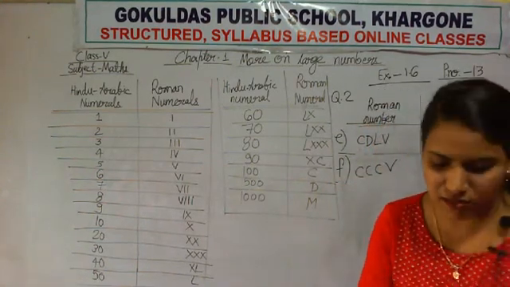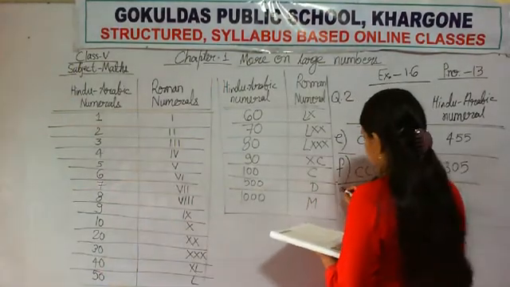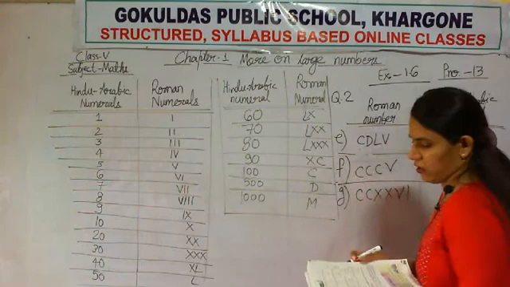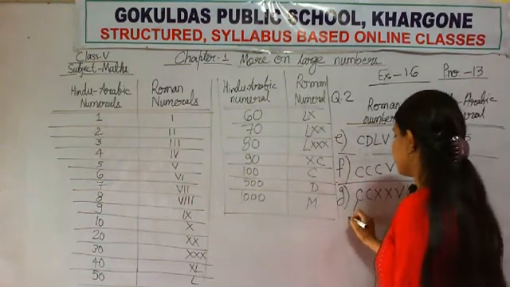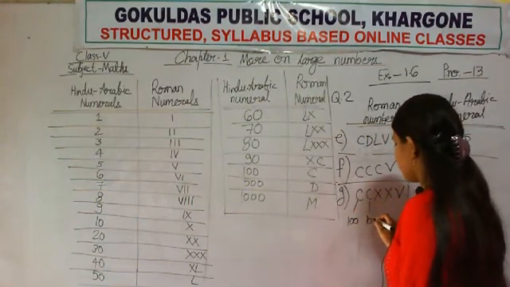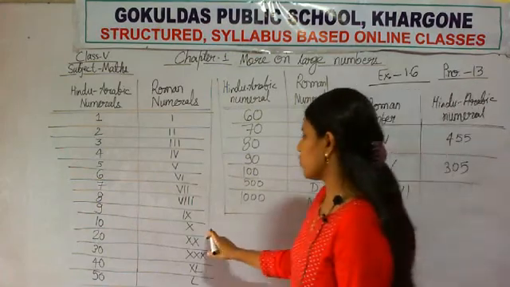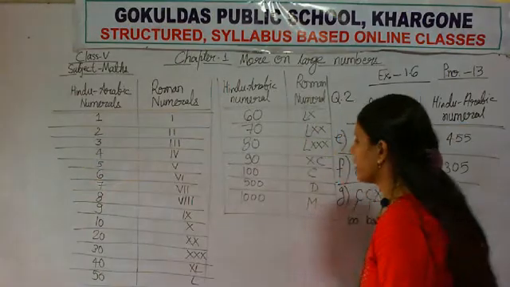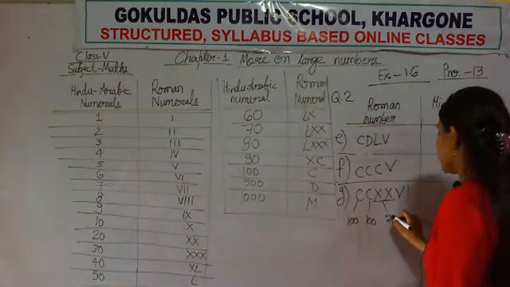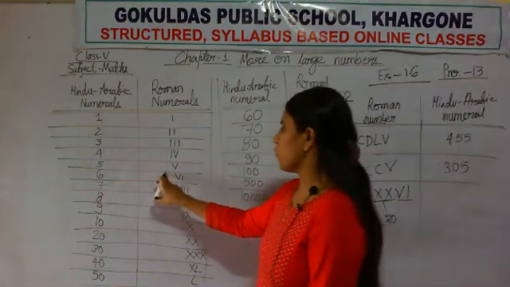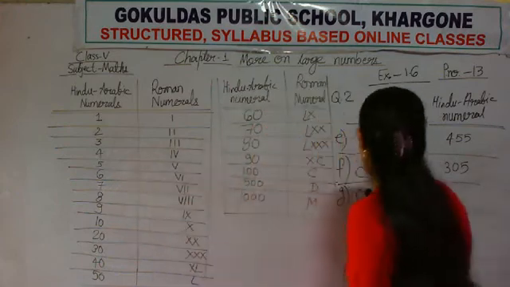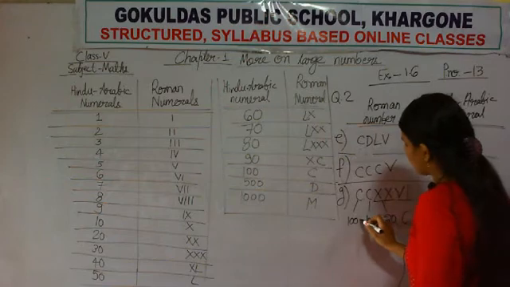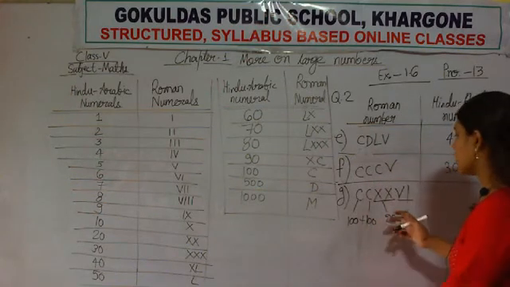Let's do the next, part G. CCXXVI. C represents 100, this C represents 100. XX, you know that the Hindu Arabic numeral for XX is 20. VI, you know the Hindu Arabic numeral is 6. You see that these are equal. If equal numbers are there, then you will put a plus sign.